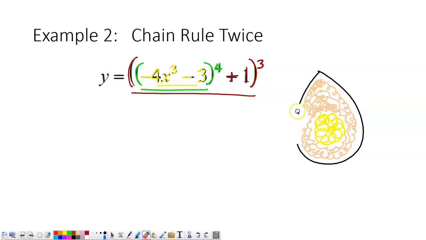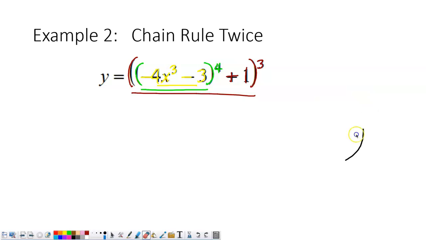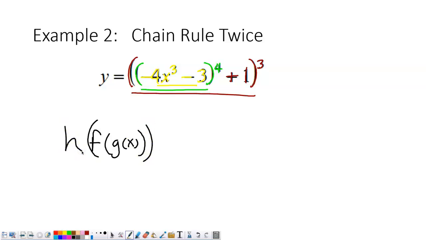Now before we start this actual problem, let me show you how this works. So we looked at problems like this yesterday, or last class I should say, but today we're looking at problems like this. We have a function inside of a function inside of a function. It's a 3-level function there.